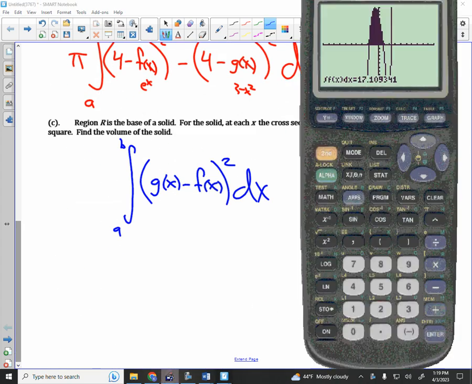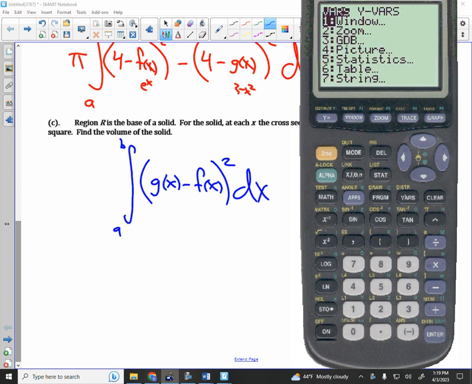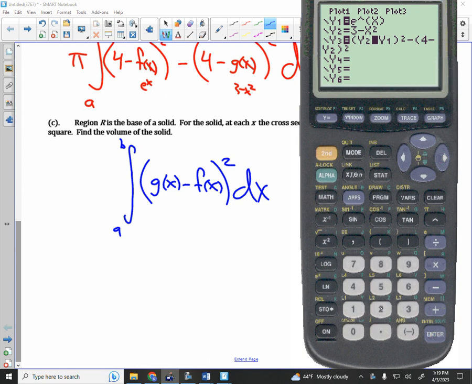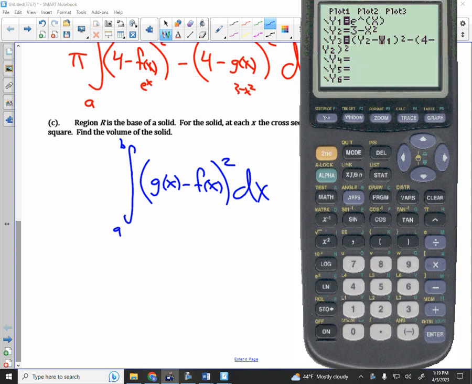Let's see if we can punch this in and come up with the answer. Whoop. No undo button on the calculator, huh? So I'm going to go parentheses, and it looks like g of x is y sub 2. So I go vars, y vars, function, y sub 2, and I subtract, oh, I've already got the y sub 1 there, don't I? And it's that quantity squared.